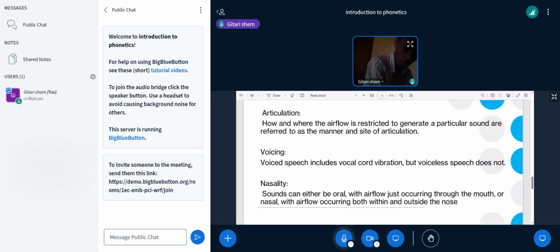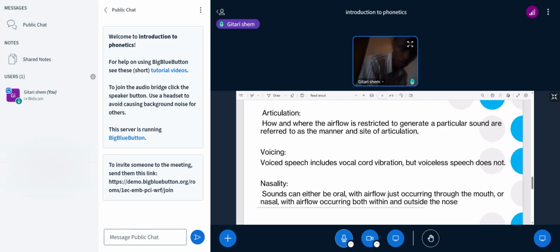This means where the airflow is restricted, where the air is constricted and restrained from moving to generate a particular sound. Example, B. While producing B, you must restrict your air from the vocal cord.